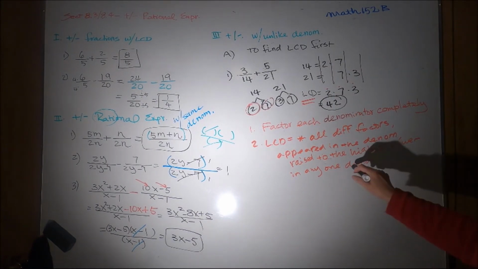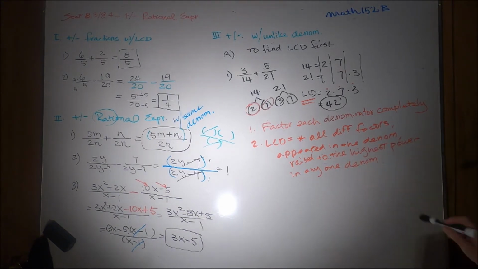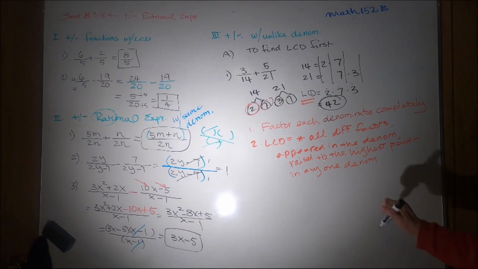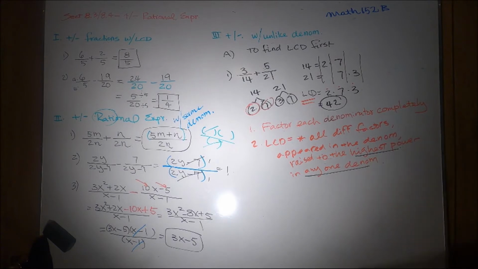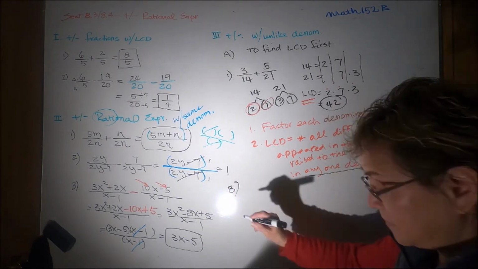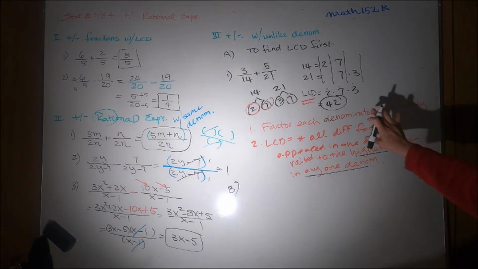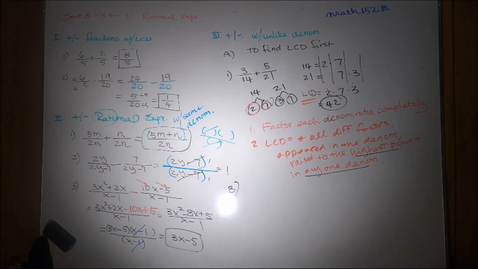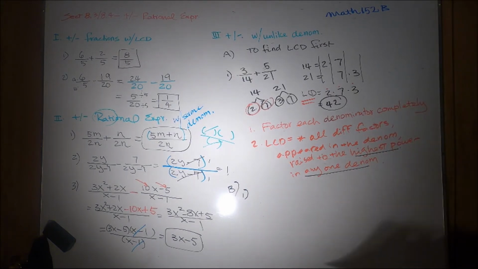Then for the polynomials, you use the highest power in any one of the denominators. Okay, that's for numbers. For the polynomials, you use the same steps, right? And let's see some examples.